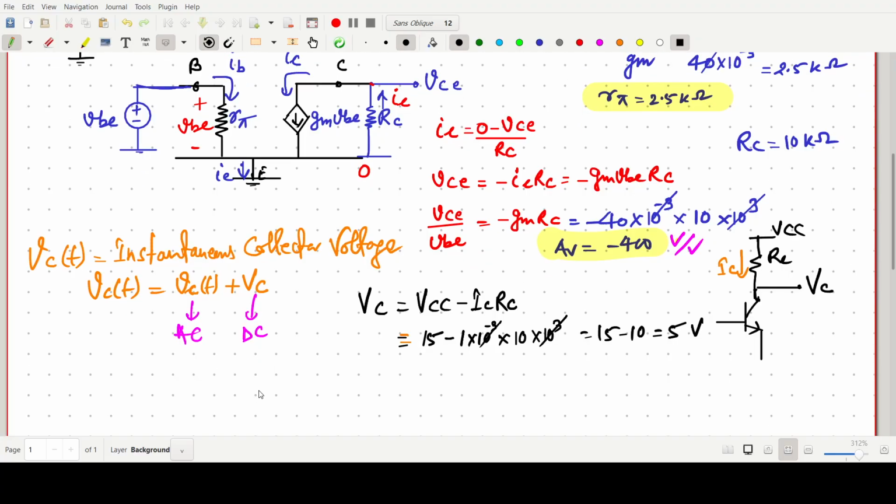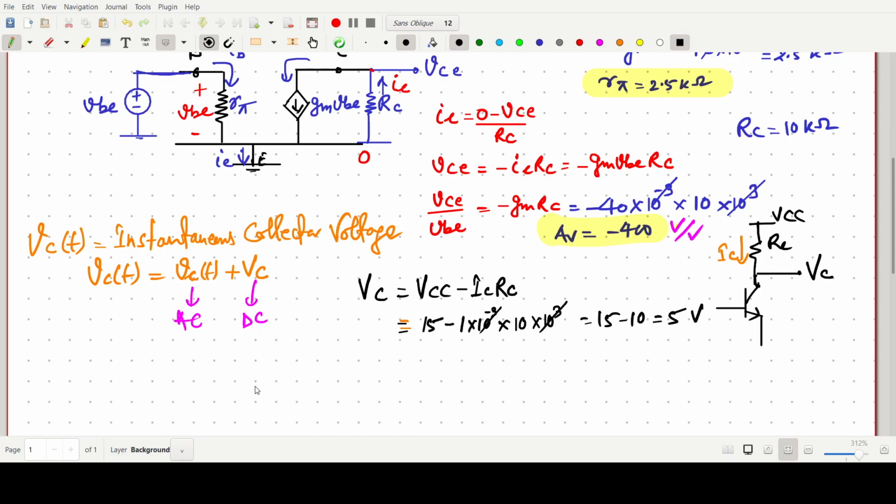Now we have to find the AC component, that is VCT. This is the collector voltage. This VCT component is nothing but simply this AC voltage.